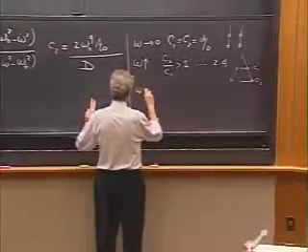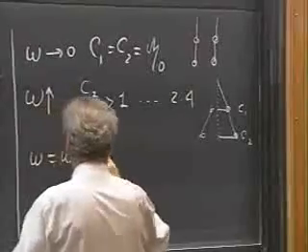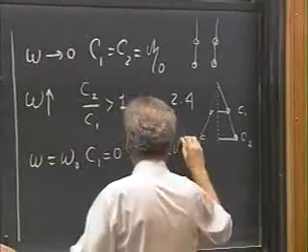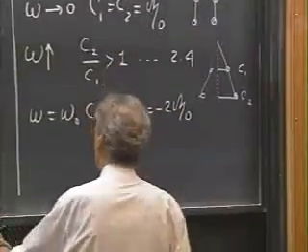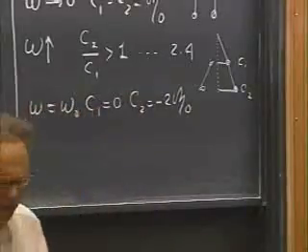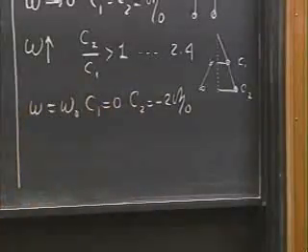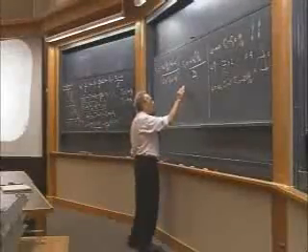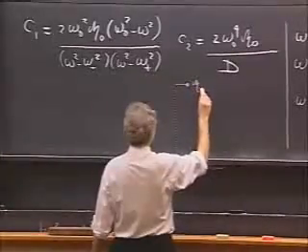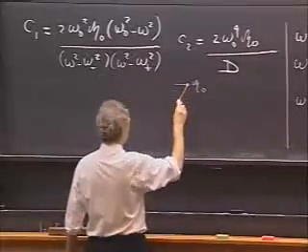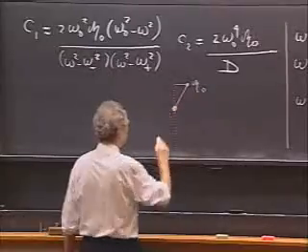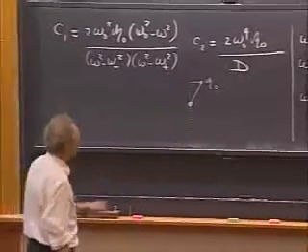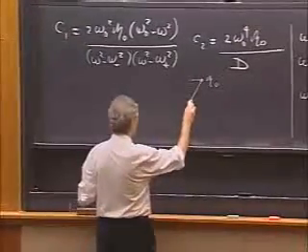So when omega is omega 0, C1 becomes 0, C2 becomes minus 2 eta 0, and so this pendulum is going to look then as follows. I'll make a drawing here, I have a little bit more space. So if my hand is here at eta 0, then number 1 will stand still, won't do anything, but number 2 will have an amplitude which is twice eta 0, but it's on the other side.